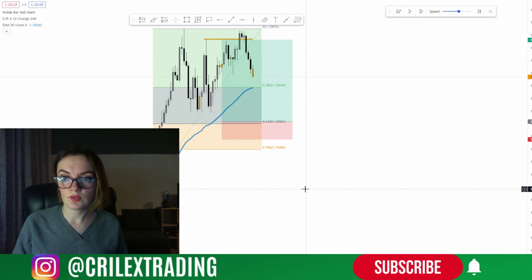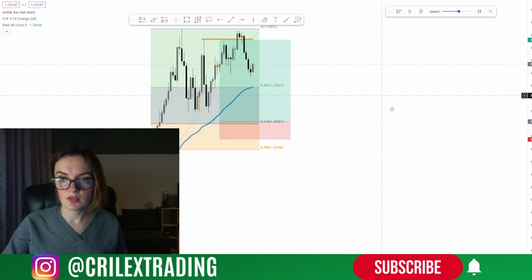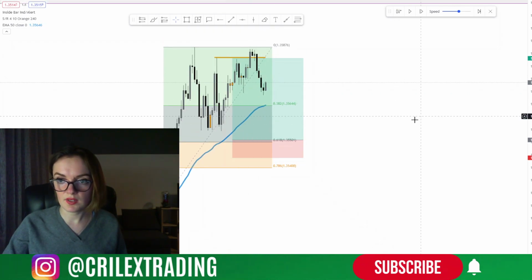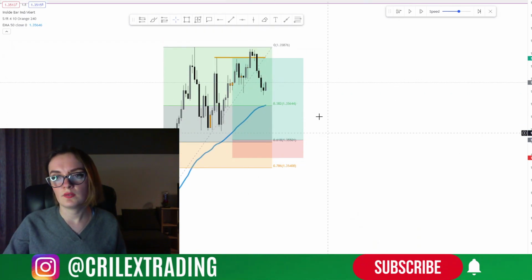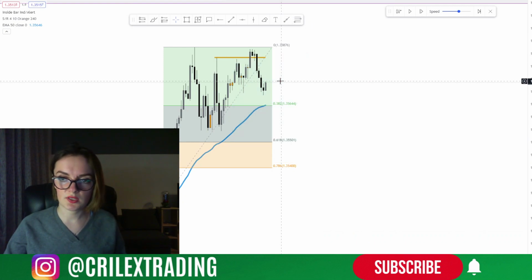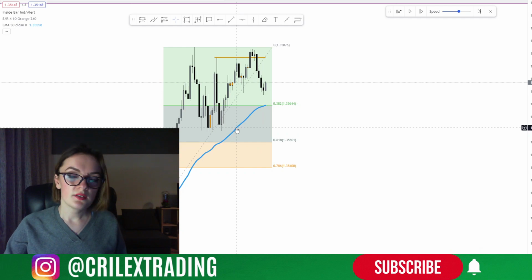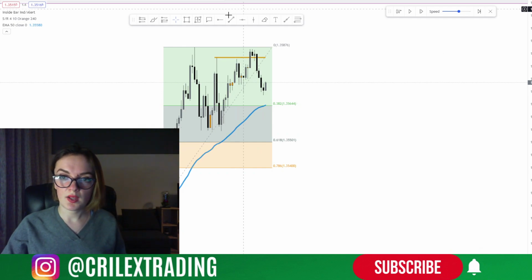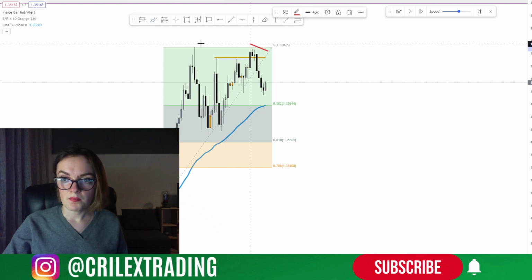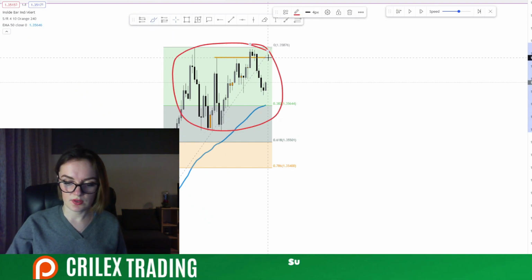I can see that the price is still rejecting that level here, and for the moment I will just delete this pending order, because as I told you in the previous example, I do not really like this kind of messy price action ranges.